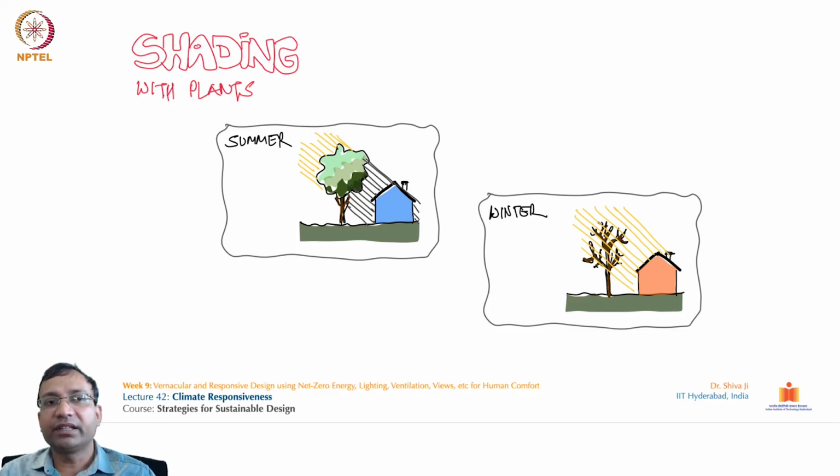So we can utilize deciduous plants, depending upon the requirement. Very self-explanatory illustrations are given over here, which will help you understand this phenomenon.